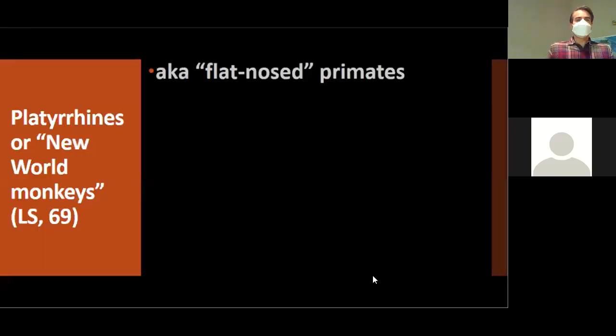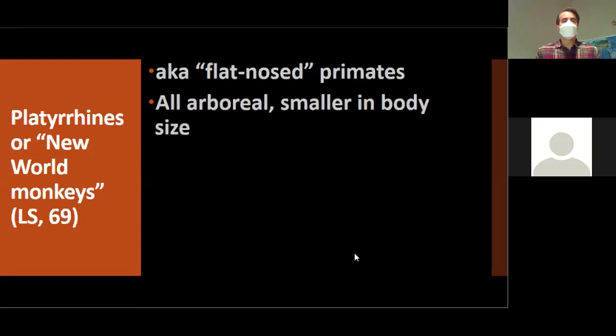So let's talk about the New World monkeys a little bit. New World monkeys are technically termed platyrrhines. They're also known as flat-nosed primates, so they have broader, flatter noses than the others. All of the New World monkeys are tree dwellers.